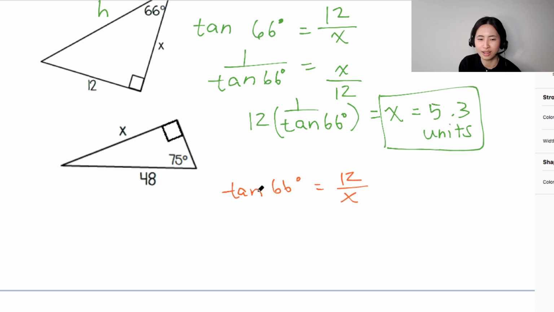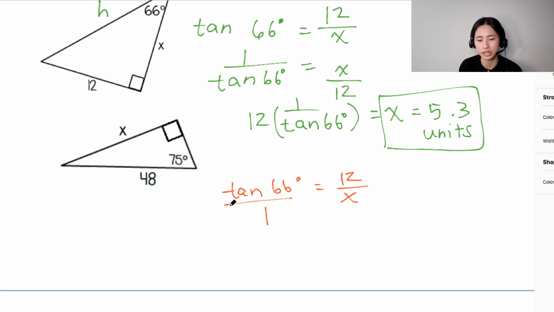Because math is not about following your formulas blindly without even understanding it, right? I think that's the worst part when it comes to learning math. So this is what you've probably learned in class. So if you have tangent 66 degrees, which is equal to 12 over x, then if you have tangent 66 degrees, you know that this is over 1, right?